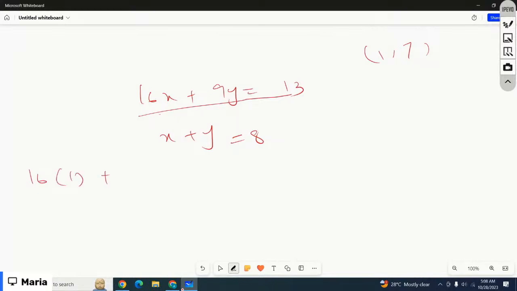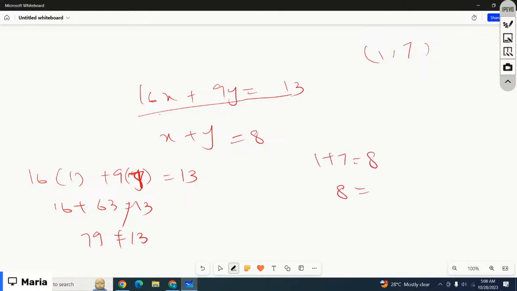16 times 1 plus 9 times 7 equals 13. 9 times 7 is 63, and 16 plus 63 is 79. So they are not equal. 79 is not equal to 13. For the other equation, 1 plus 7 equals 8. But both the equations must be satisfied by the same point.